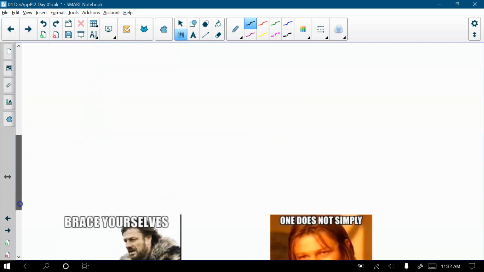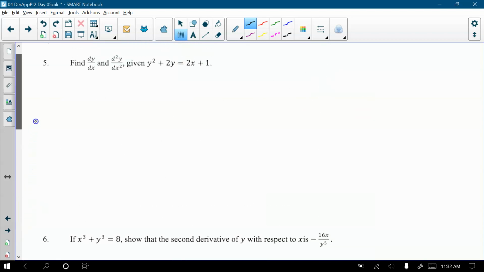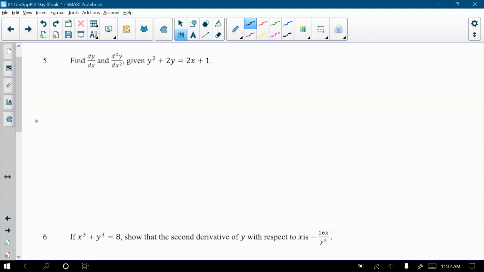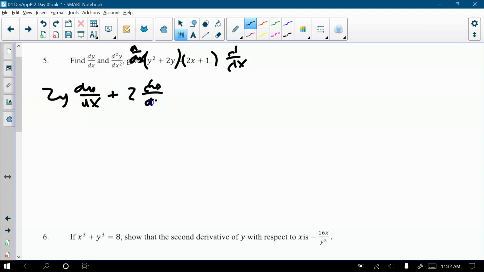Okay, and then here's 5 and 6. And then I'll be done. Let's take the derivative of both sides. I'm going to get 2y dy dx, or y prime, plus 2 dy dx, or just y prime, equals the derivative of 2x plus 1, which is just 2.